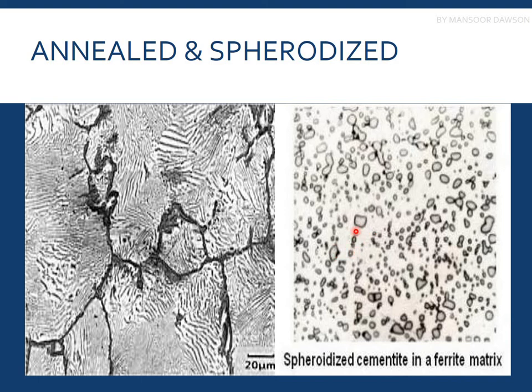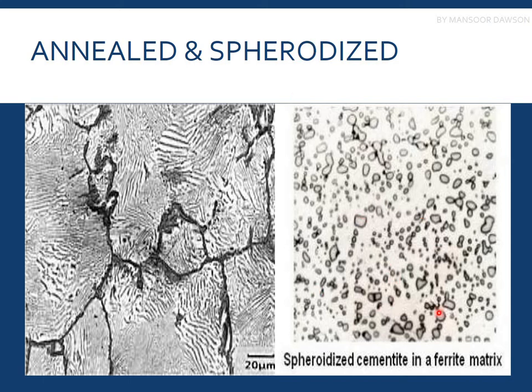These are called spheroids, and these are very hard materials. While annealing a high carbon steel, we are doing spheroidizing, forming spheroids, which is a type of annealing.